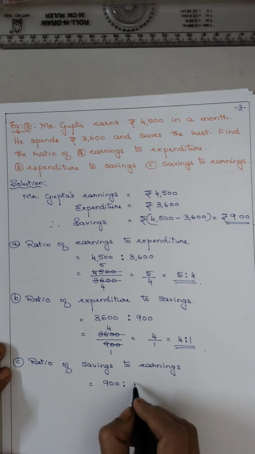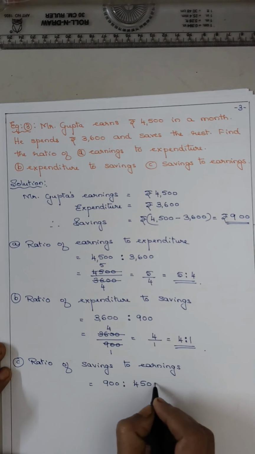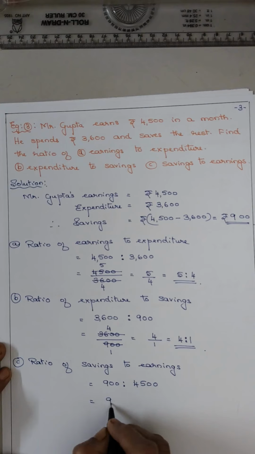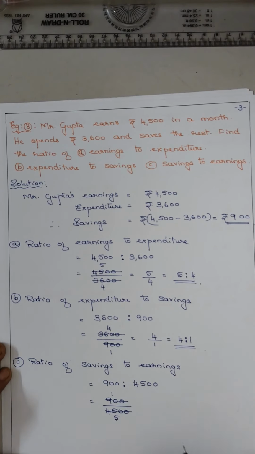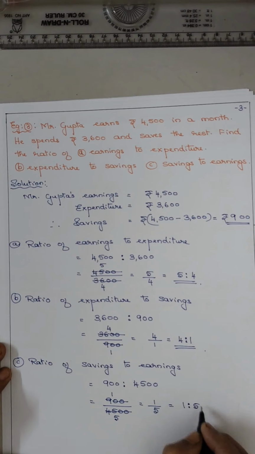Earnings is 4500. 900 upon 4500, 20 20 cut. 9 ones are 9, 9 fives are 45. So 1 by 5. So you get 1:5.